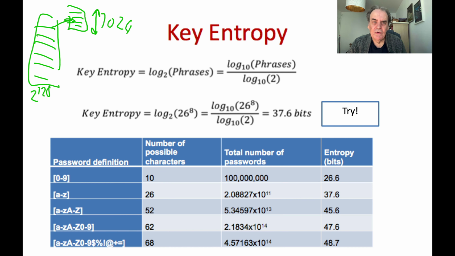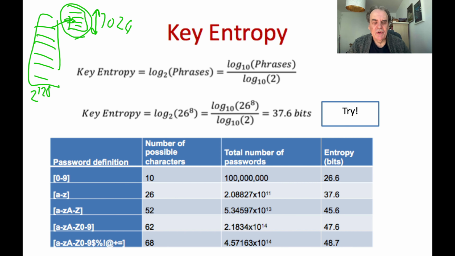So for example, if we only had 1024 passwords, then actually we only have an equivalent key size of 10 bits or so. So the key entropy measures the equivalent size of the key. Anything less than 72 bits would be seen as a weak key.